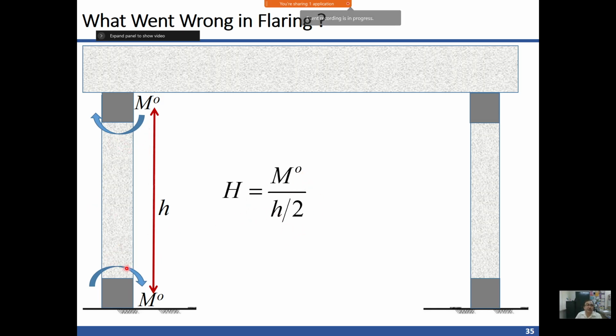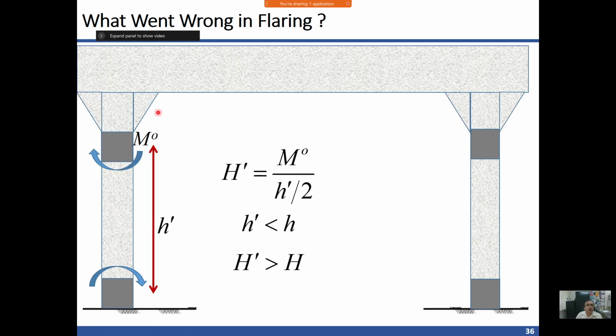Now if I flare this column up here, then the plastic hinge will not form here, because this has now become stronger. The plastic hinge shifts downward.